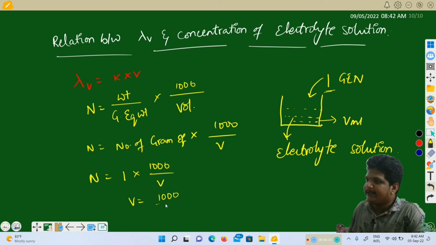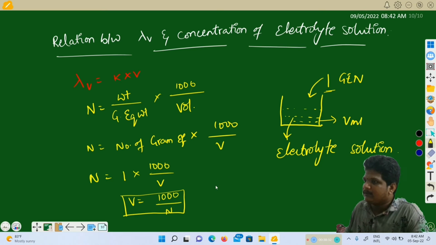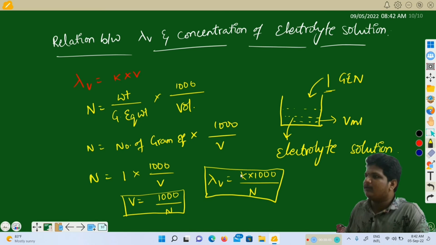If I substitute the value of V in the above equation, we get lambda V is equal to kappa into 1000 by N, where N is the normality of the electrolyte solution.